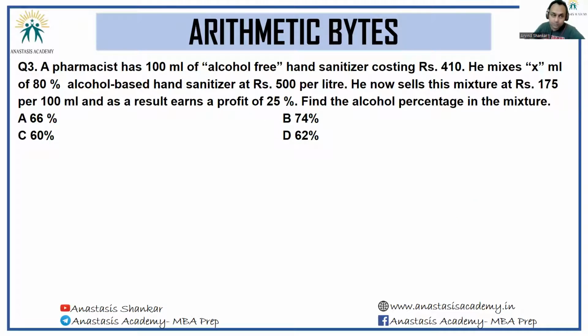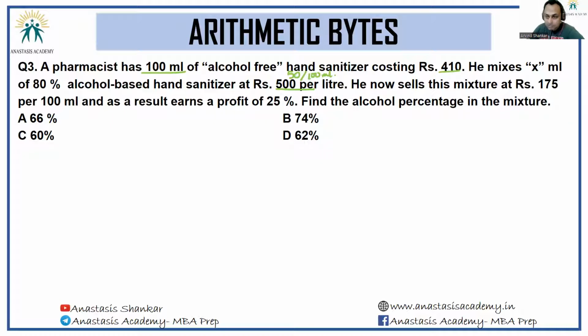Next. A pharmacist has 100 milliliter of alcohol-free hand sanitizer costing rupees 410. He mixes x milliliter of 80% alcohol-based hand sanitizer at rupees 500 per liter. Rupees 500 per liter, I will interpret this as 50 per 100 milliliter, because even the previous one was 100 milliliter for 410.